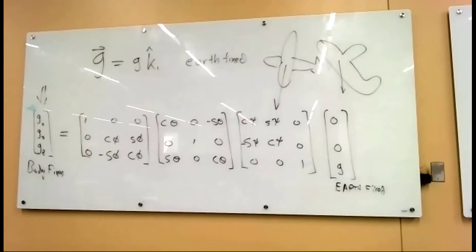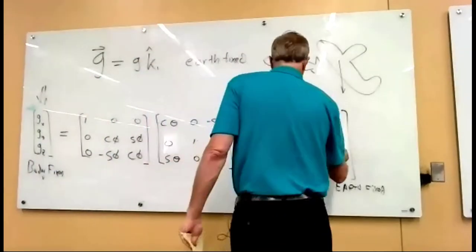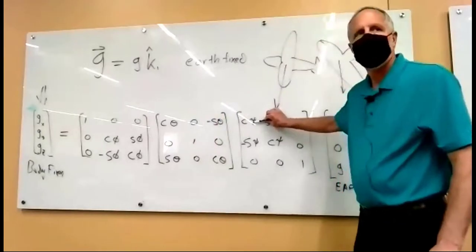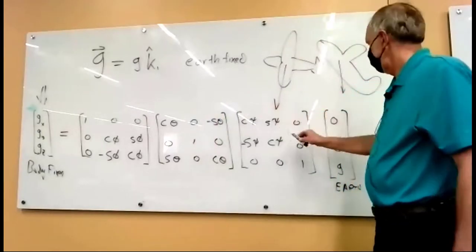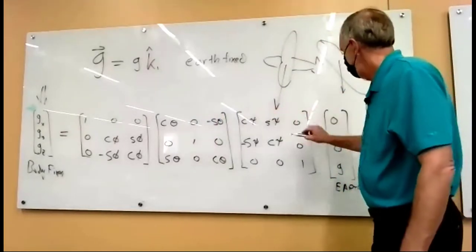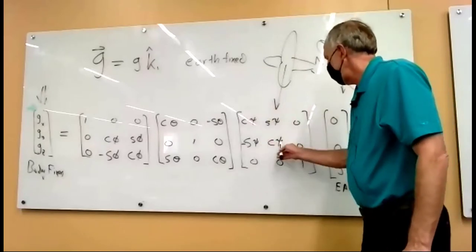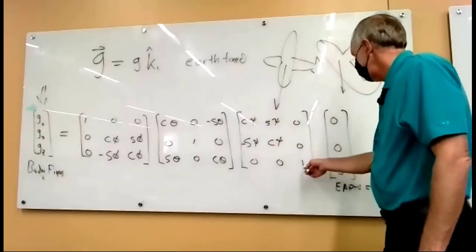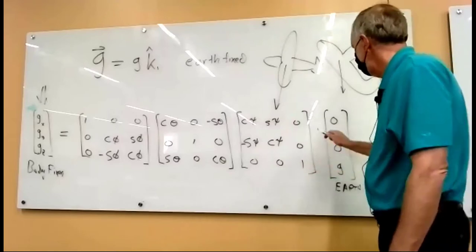So you guys do this. In fact, I'm going to make it easy on you. I'm going to do the first multiplication. I'm going to multiply this times this because it's easy, right? 0, 0 multiplies that. 0, 0 multiplies that. 0, 0. So all you really get is g times 1.